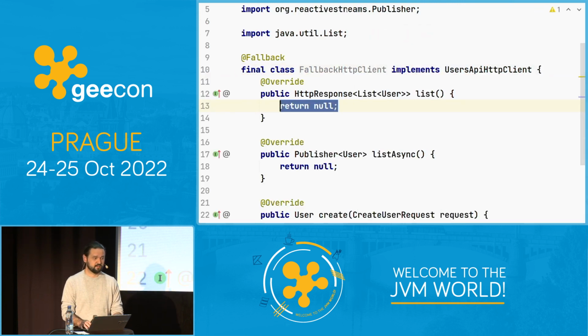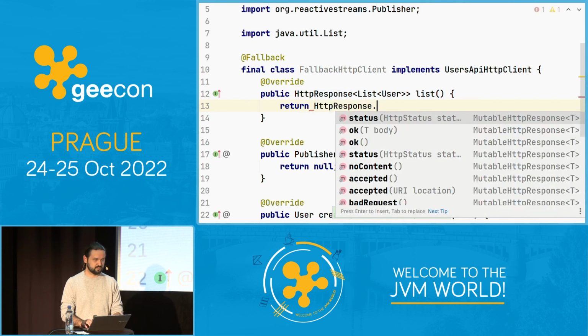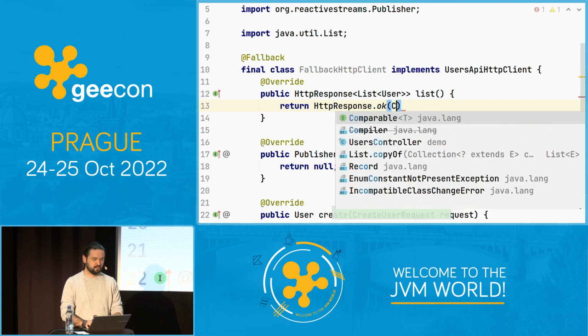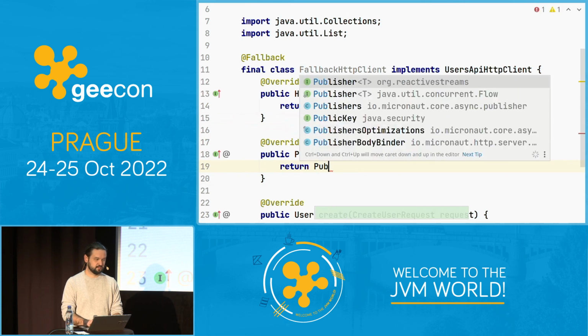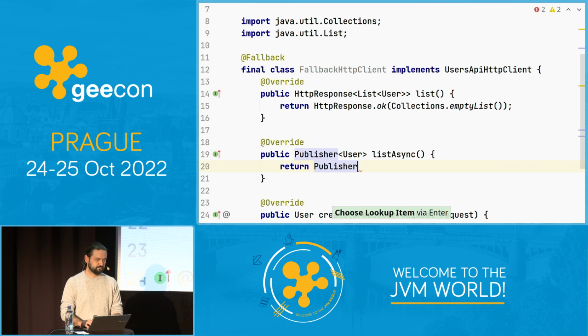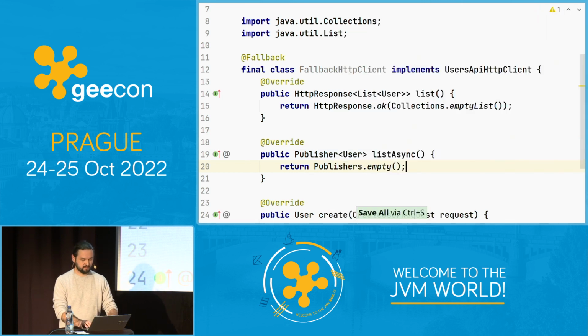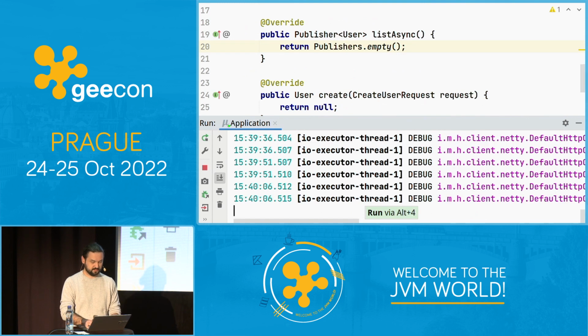So for instance, for this method, I'm going to return OK with an empty collection. For the async method, I'm going to return an empty publisher. And for the create method, we're going to go back to it in just a second, okay?